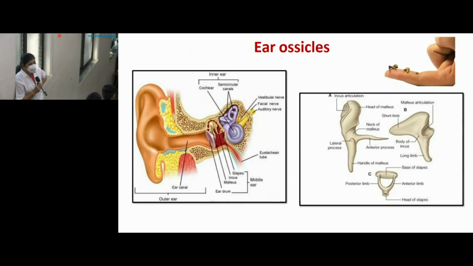The vibration goes through the tympanic membrane and then via the ear ossicles it travels towards the oval window, fenestra vestibuli. Then what happens after the oval window? What lies medial to the oval window?